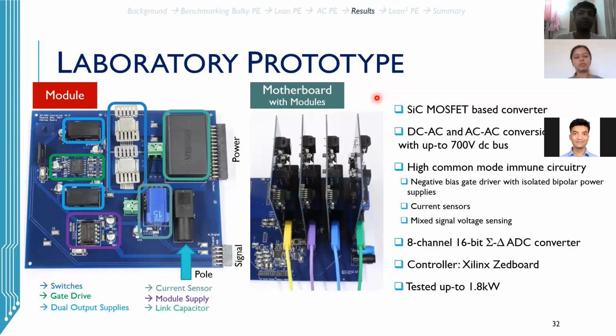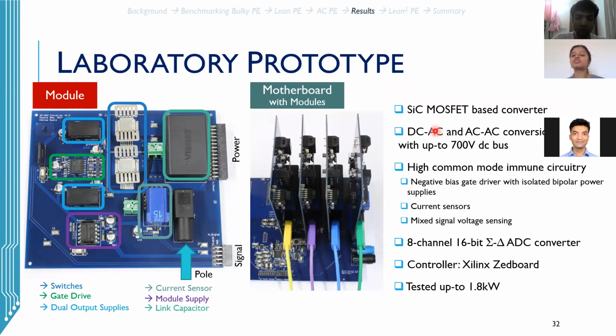So here is the laboratory prototype which we developed, and it was a modular design wherein each of these modules, this particular module, represents a half bridge along with its auxiliary circuitry. We were doing a DC to AC power conversion scenario, so that is why we have 4 boards sitting on what we called a motherboard.